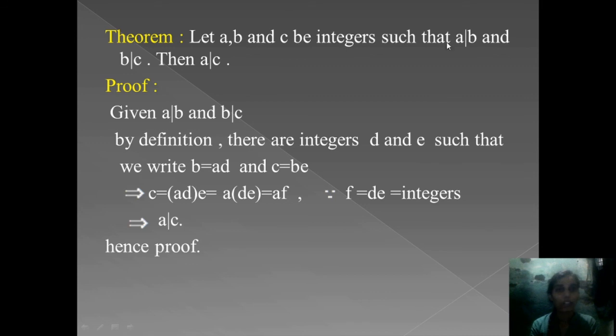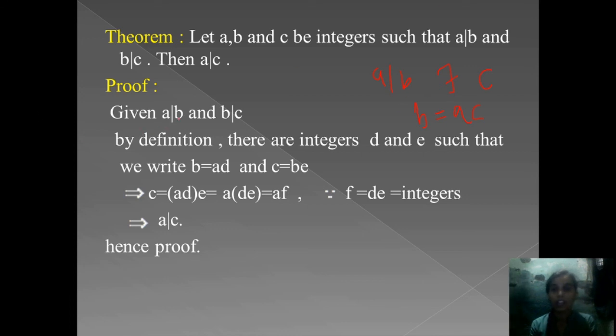Recall the definition of a divides b: we say that a divides b if there exists c such that b is written as a into c. So we use this definition here in proving.